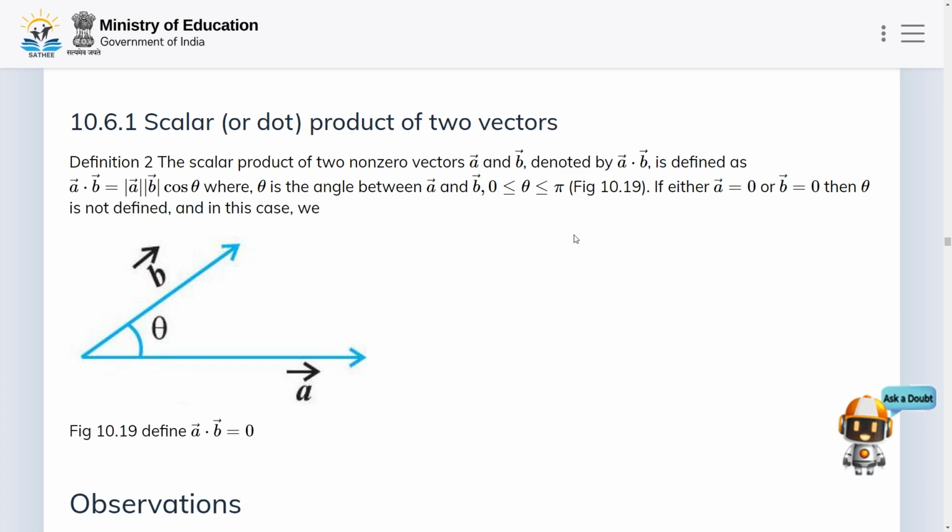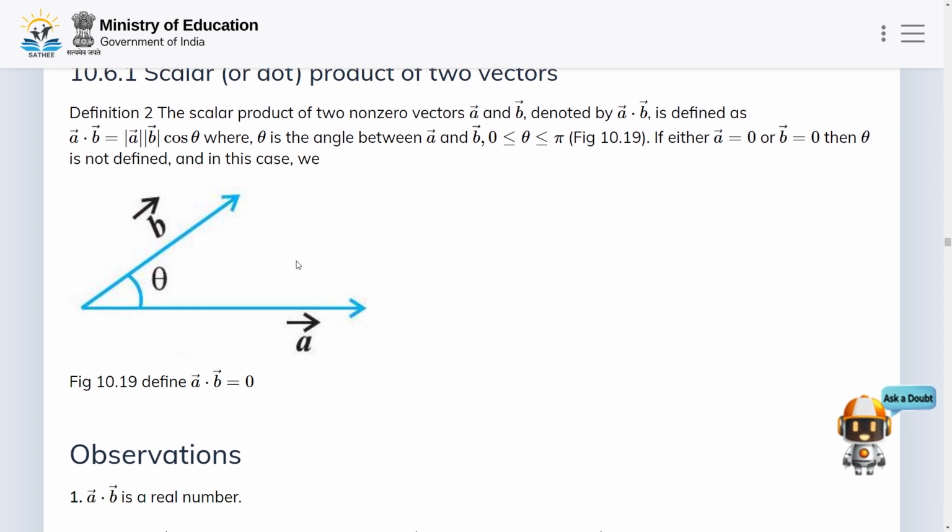Clear? If either a is 0 or b is 0, then theta is not defined, and in this case we have a dot b equal to 0.